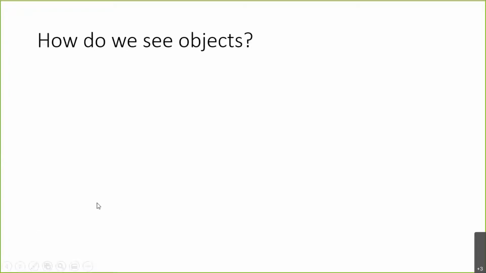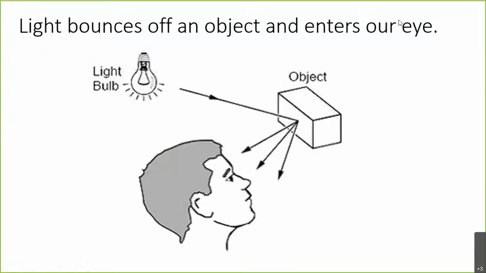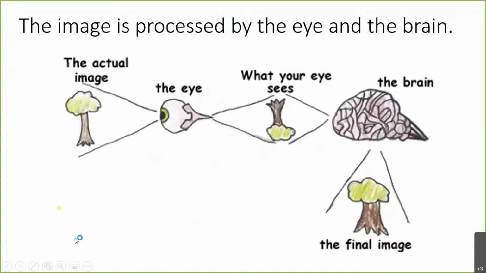So when we see something, light bounces off of an object and enters our eye. That bouncing off is called reflection. And when that happens, we get an image that's processed by our eye.